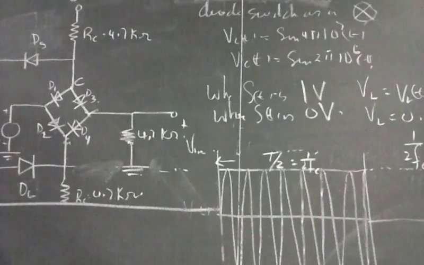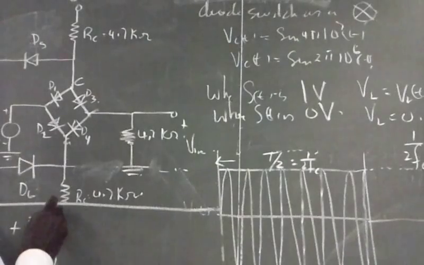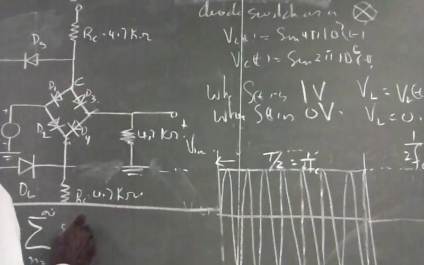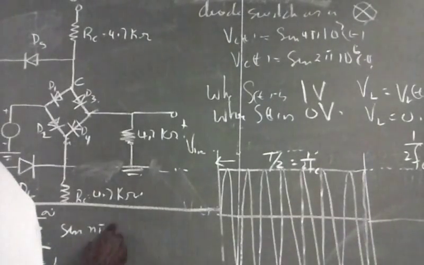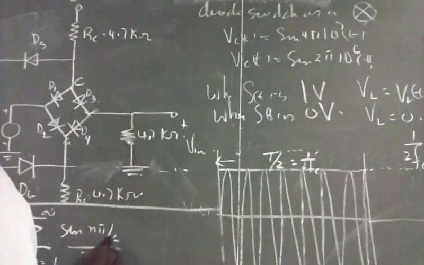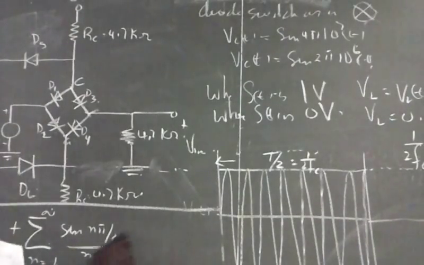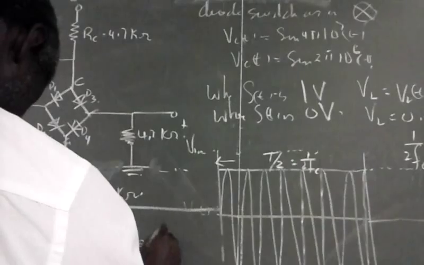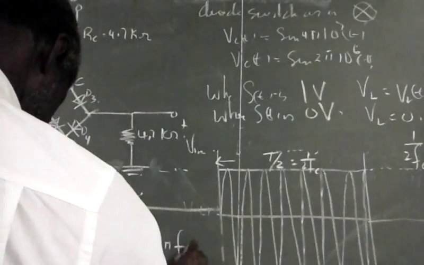S of t equals 1/2 plus the summation, n equals 1 to infinity, of sine(n pi over 2) over (n pi over 2) times cosine 2 pi n Fc t.